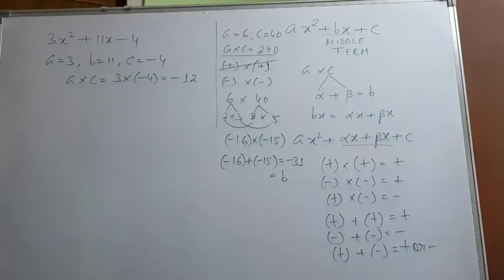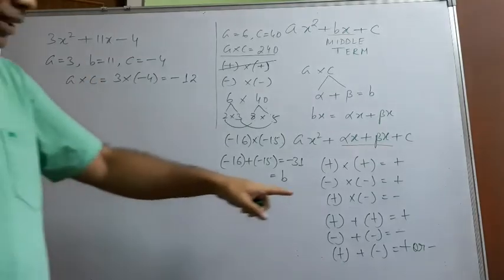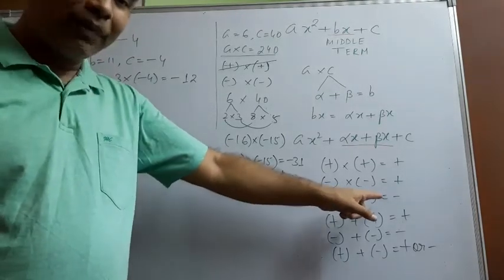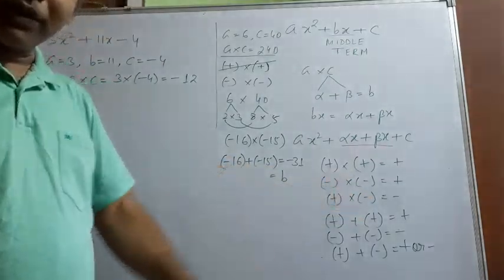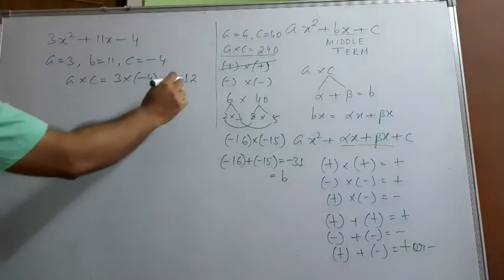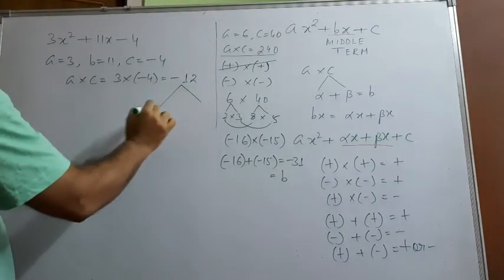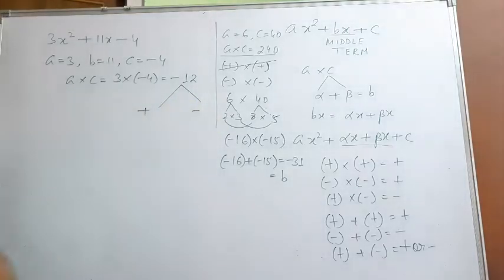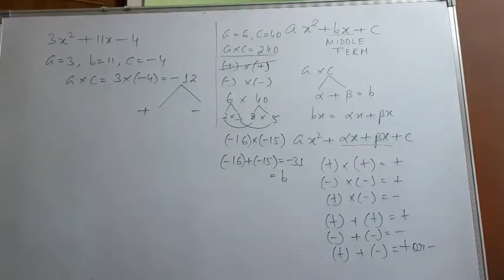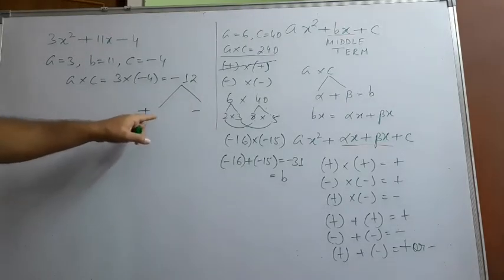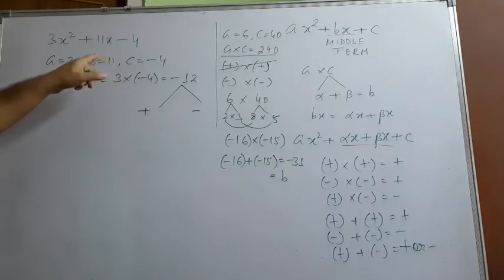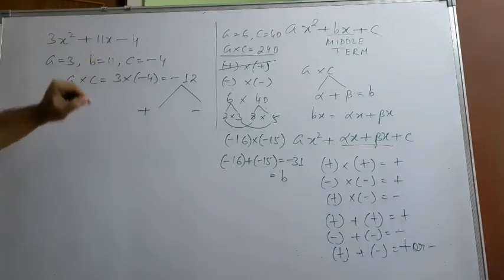When you factorize a negative number, you know that it has two factors, one positive and one negative. So out of the two factors of minus 12, one factor must be positive and one must be negative. Now, which factor must be positive and which negative? Again, the sum of these two factors should be equal to B. B is a positive number.